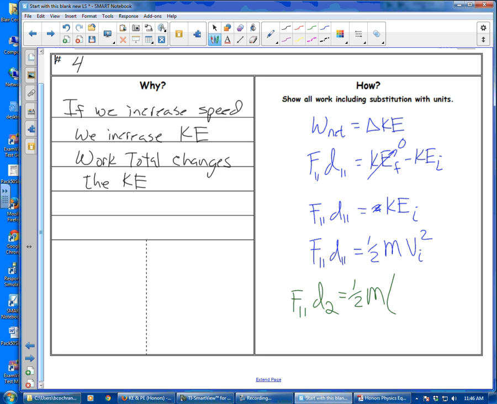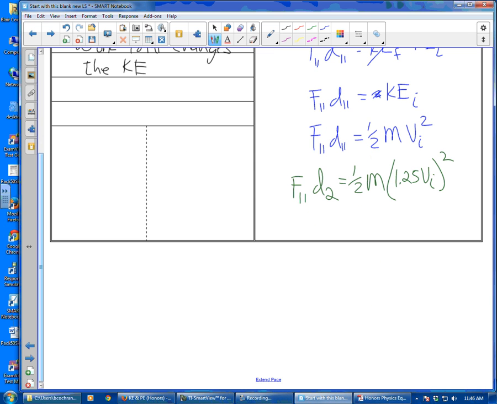Now rather than V, we're going to have 1.25 V initial squared. 1.25 is an increase of 25%. How did I find the 1.25? Mine's a 25% increase, so I'd have the same amount and increase it by 25%. 25% is 0.25.